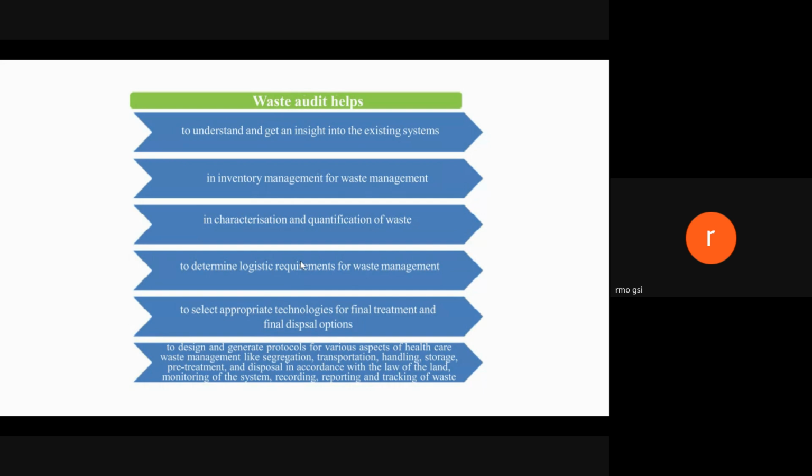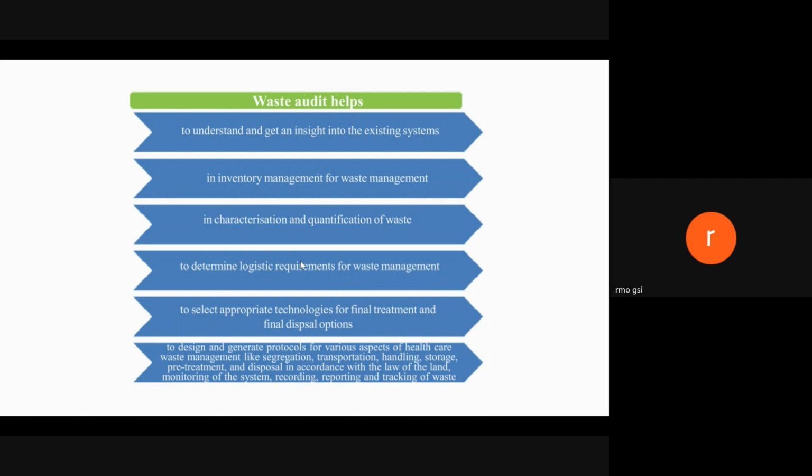Determine the logistics required for the management of waste. Selection of appropriate technology for pre-treatment, final treatment and final disposal. Design and generate protocols for various aspects of healthcare waste management like segregation, how to segregate, how to transport, the handling mechanism, and the storage: temporary storage, permanent storage, or storage up to what limit.